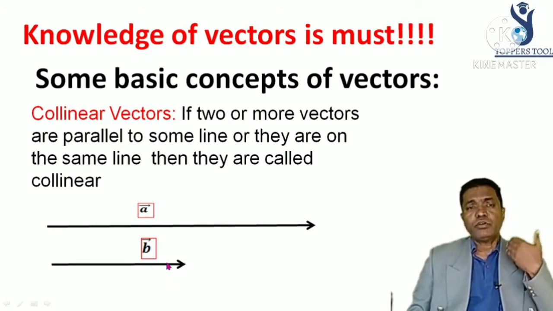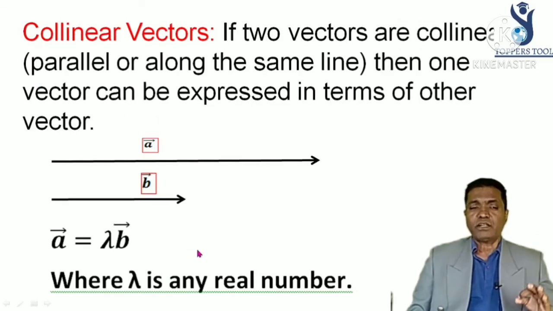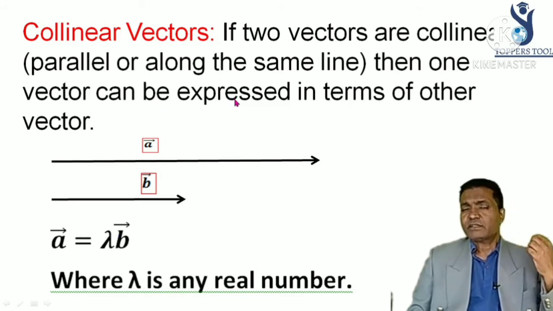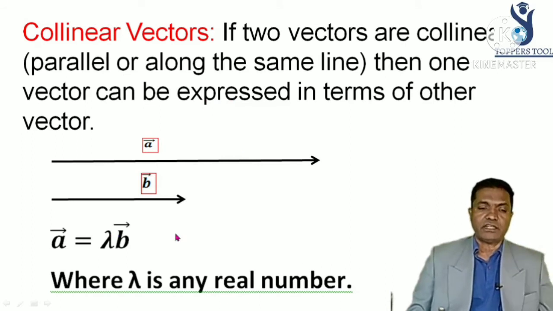Sometimes they may be on the same line. In such a case also you can say that they are collinear vectors. One important thing to be noted: if 2 or more vectors are collinear, then one vector can be expressed in terms of the other. Look at this.